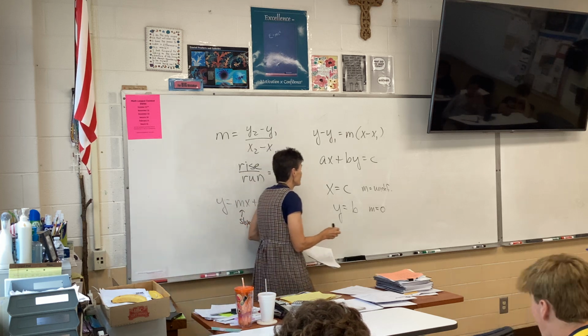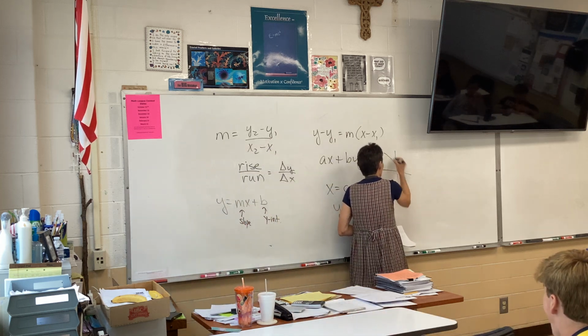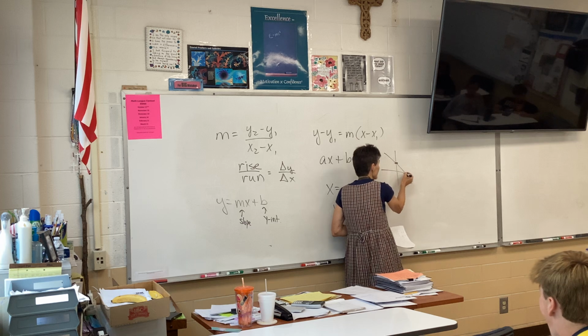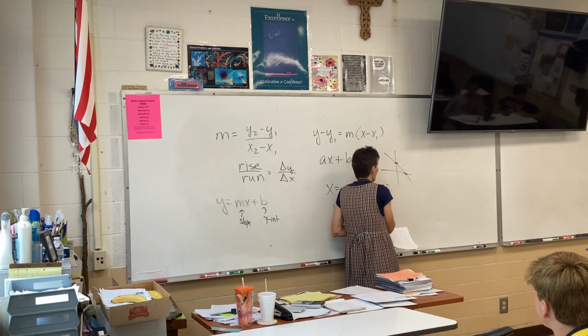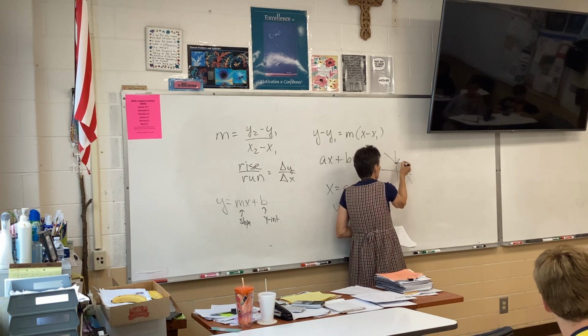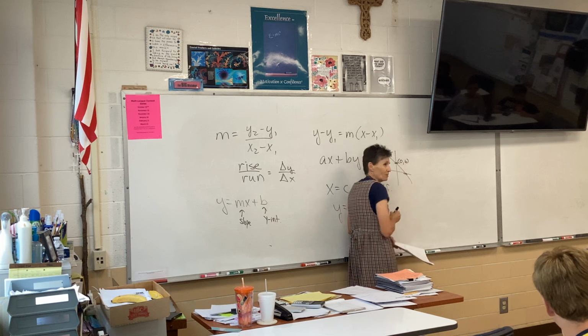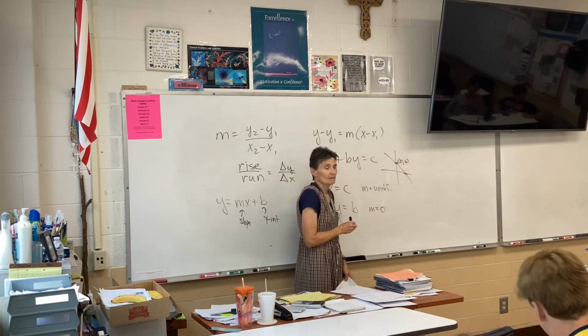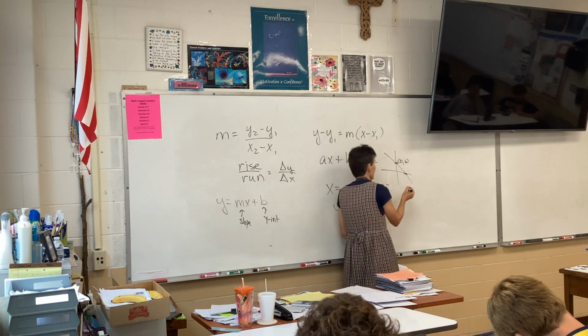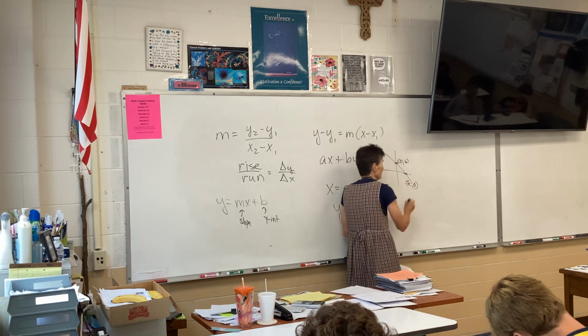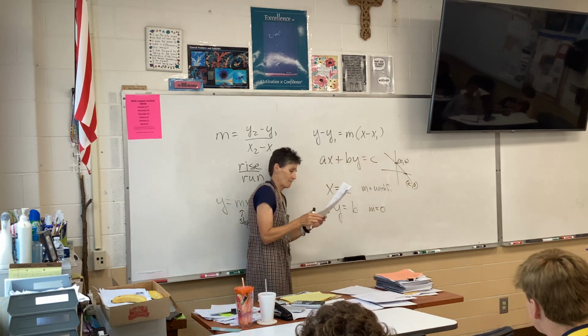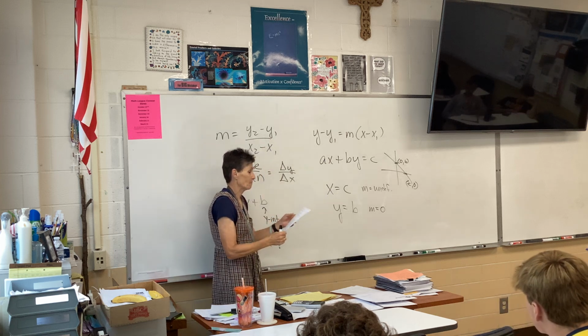Okay. X-intercepts, we talked about that a minute ago. If you have a line, these are called the intercepts. Whatever the y-intercept is, it's 0 comma something, right? And whatever the x-intercept is, it's something comma 0. They're points.